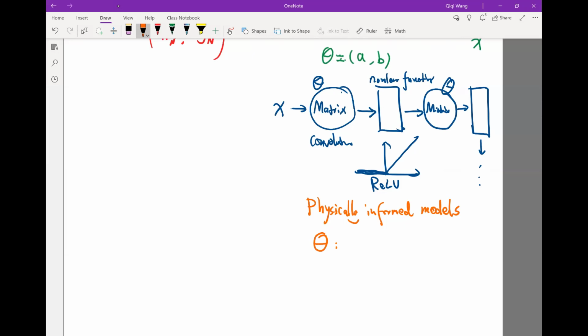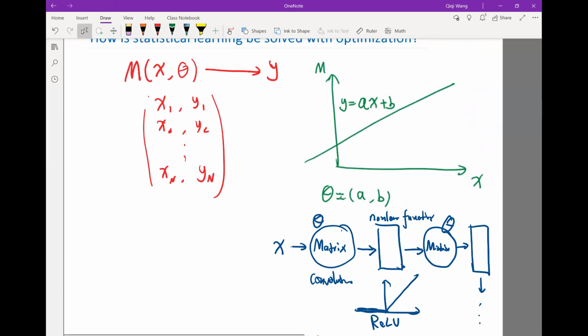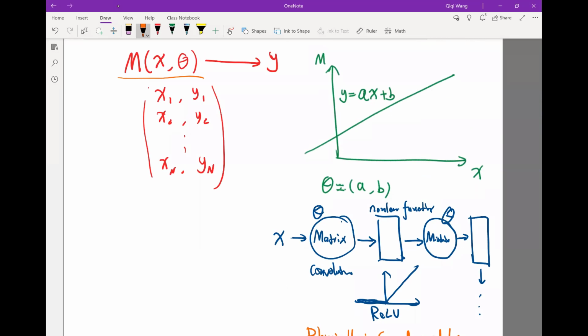Theta are the tunables in physical models. Okay, so all of these cases can basically be described using a function, m, as a function of inputs and tunable parameters theta.